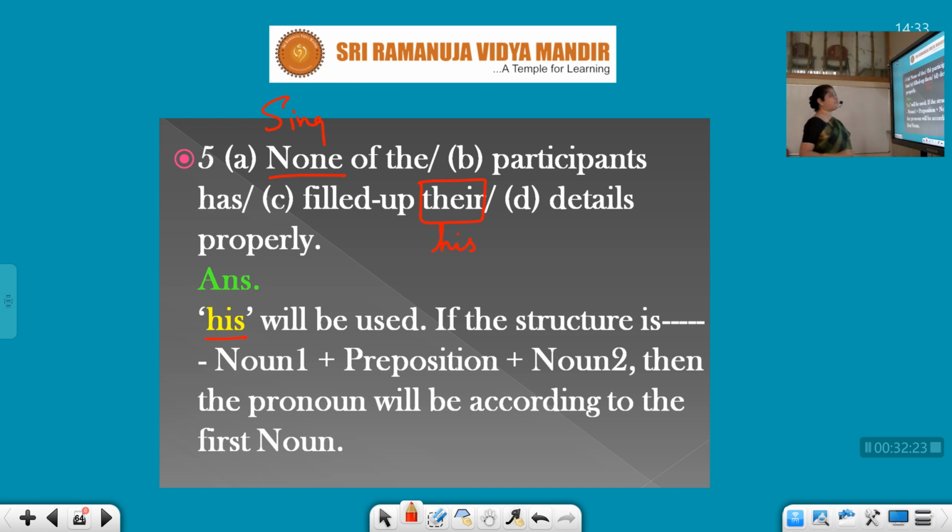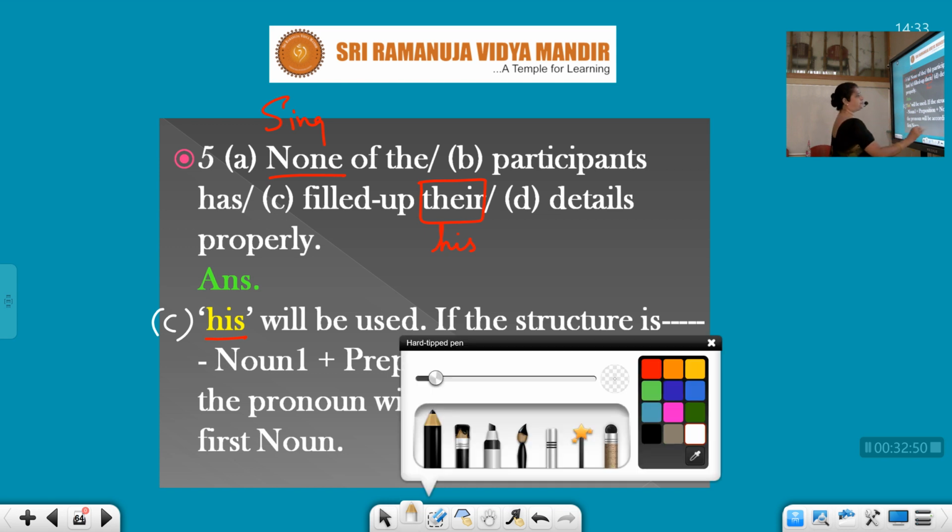So the mistake is in C. I forgot to type this. I am extremely sorry students. None of the participants has filled up his details properly. So his will be used. If the structure is noun 1 plus preposition plus noun 2, then the pronoun will be according to the first noun.